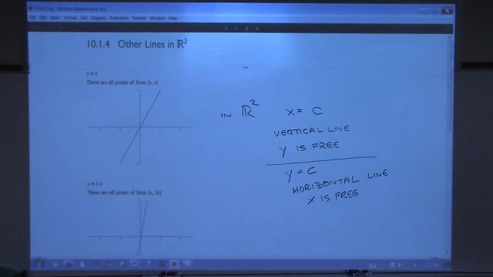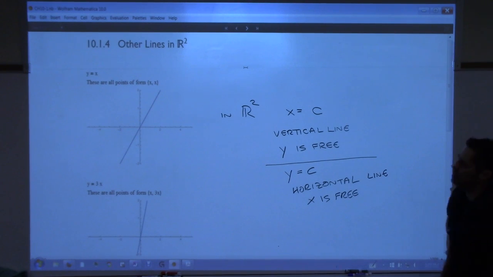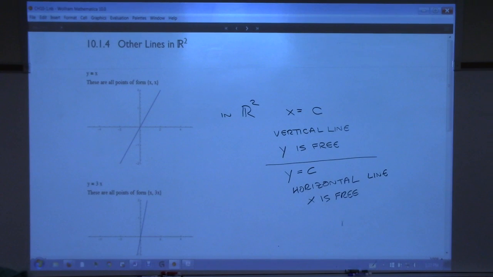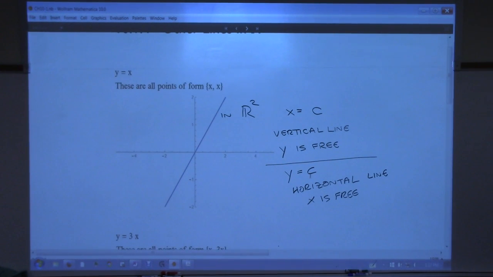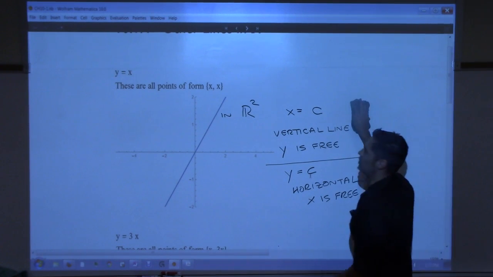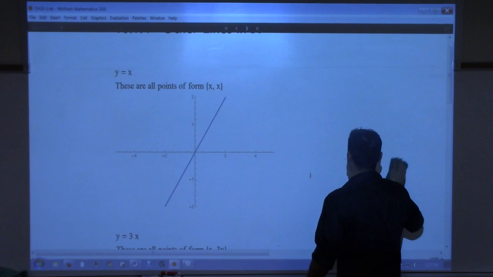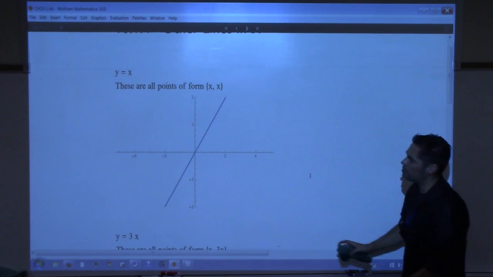Some other lines that we should be familiar with. These are just basic lines from college algebra. Let me make these a little bigger. y equals x. There's a special name for this special relationship, this line. Anyone remember what it's called?